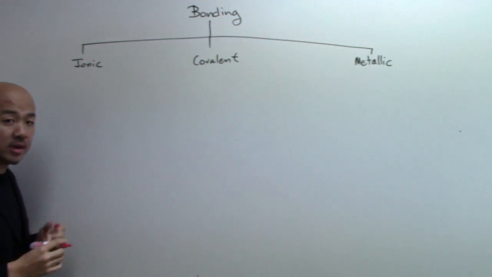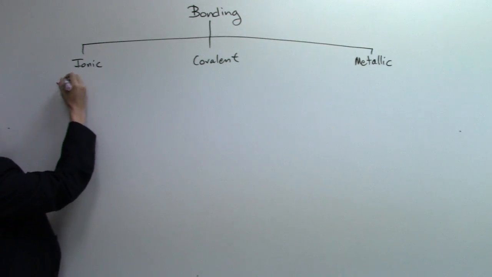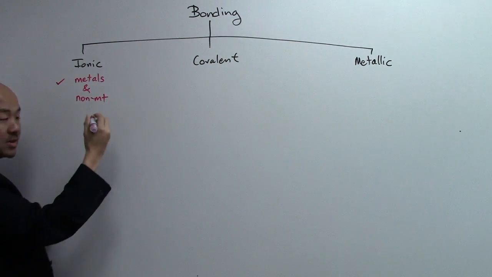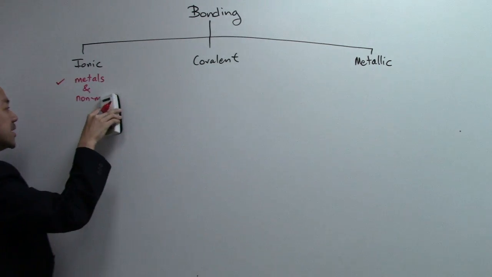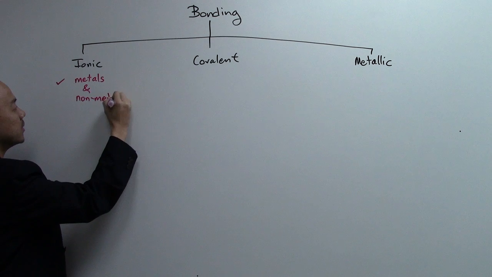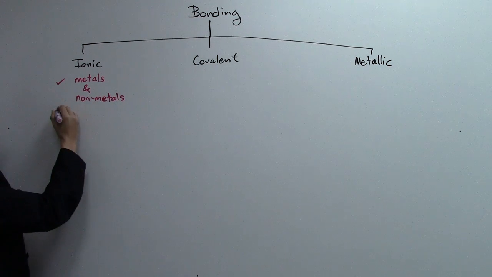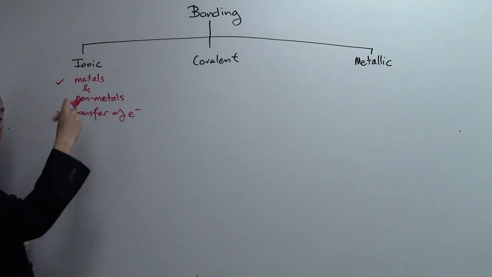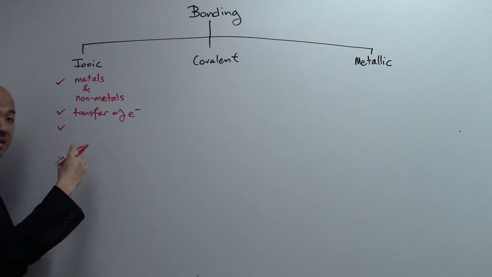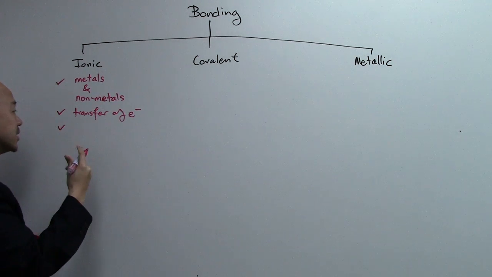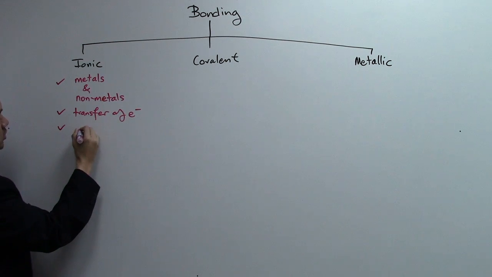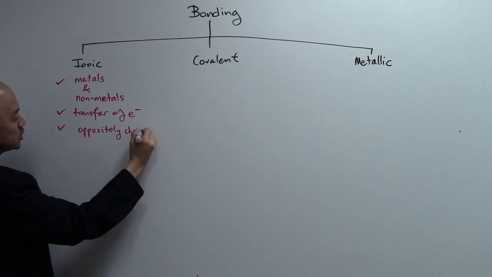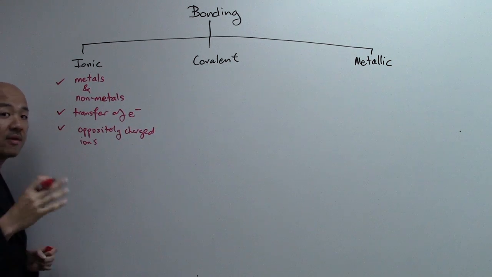Now, ionic bonding is formed between metals and non-metals, meaning elements that are metal as well as elements that are non-metal. Usually they are formed this way. What happens is there's a transfer of electrons from the metals to the non-metals such that oppositely charged ions, such as the cations and the anions, are formed.